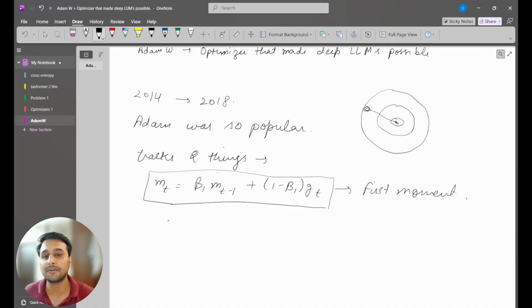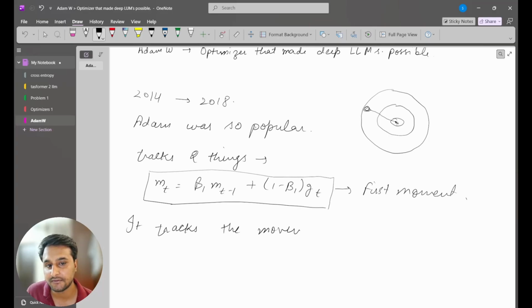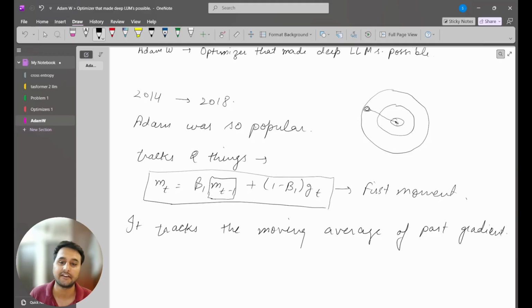What is the job of this first moment? It tracks the moving average of past gradients. So this mt-1 part is basically doing the moving average of past gradients.